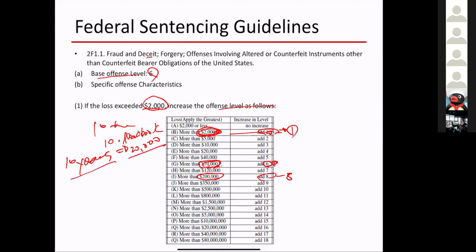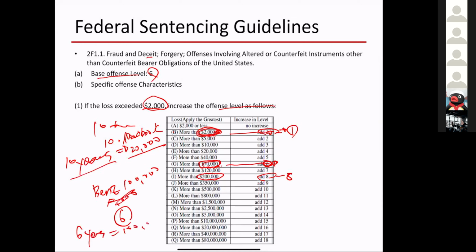But what if you try to steal the Mercedes-Benz? Let's say a Benz is about $100,000. Then you are going to jail for 6 years.